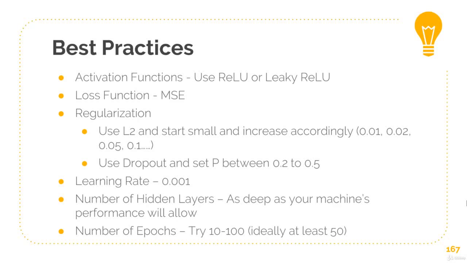And for the number of epochs, you should always try to train for at least 10 to 100 epochs. After generally 20 epochs, you can get an idea of how your model is performing. So start off training maybe 20 to 30 epochs at first and adjust your parameters to suit. And then for your final model, you want to make it the best, so train it for at least 50 epochs.